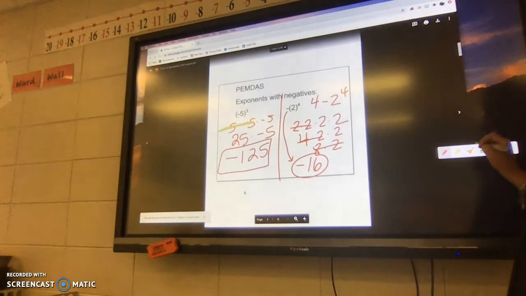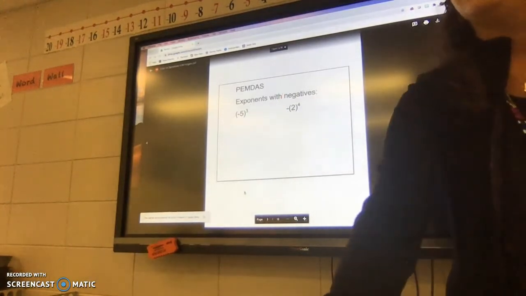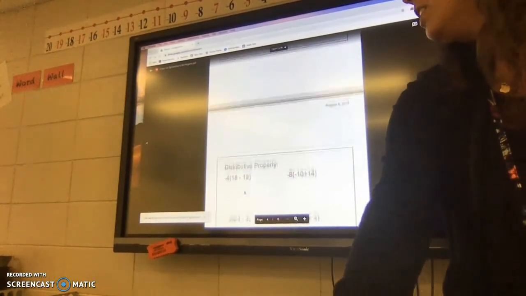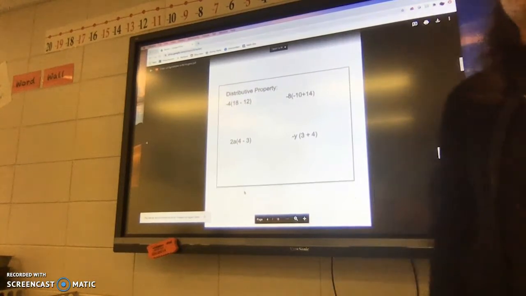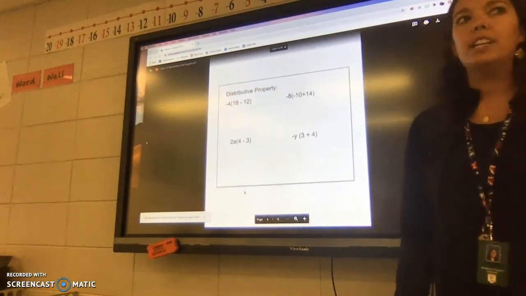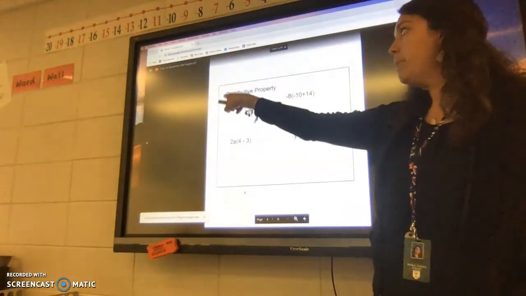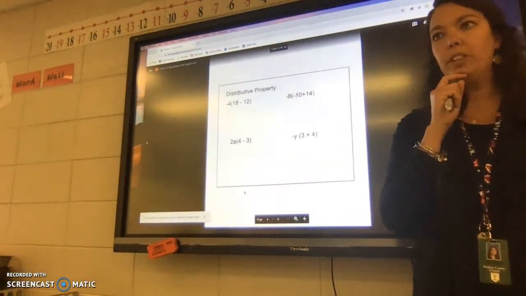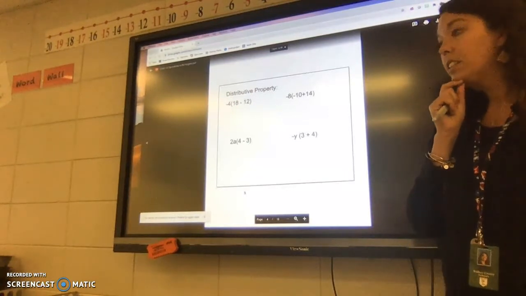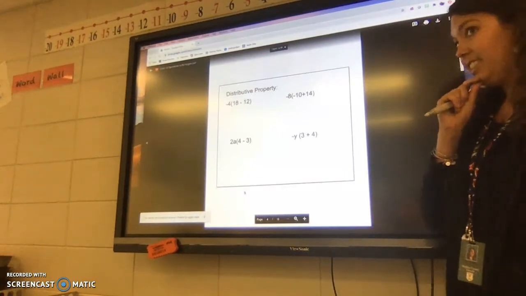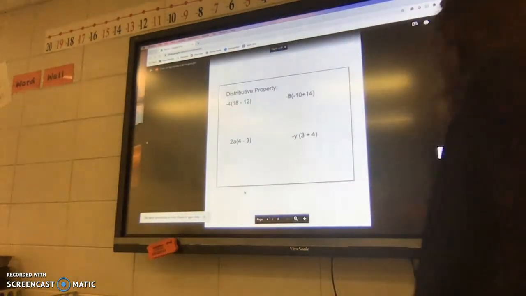All right. We're going to review one more thing called the distributive property. Remember this one? Did you learn this last year in 6th grade? When you multiplied the number on the outside to both numbers on the inside, remember doing that? Those are called variables.